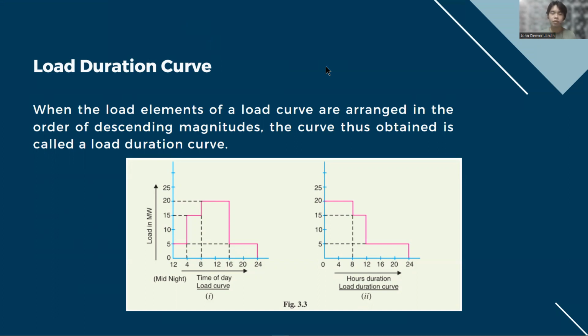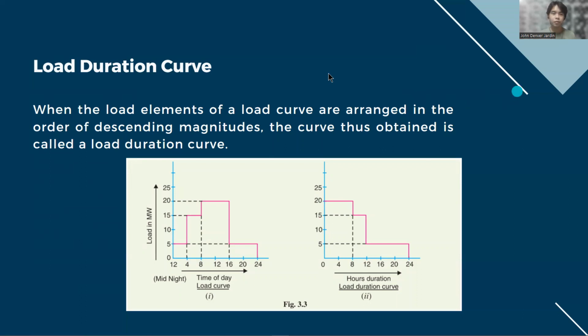As we can see in the graph presented, the load curve presents the load with respect to the real time of a day, which shows that 8 a.m. to 4 p.m. is the highest load commonly happening in a day, since it is the time where the sun is up. And the second one represents the load with respect to hours duration, which shows that the use of highest load in a day was 8 hours.